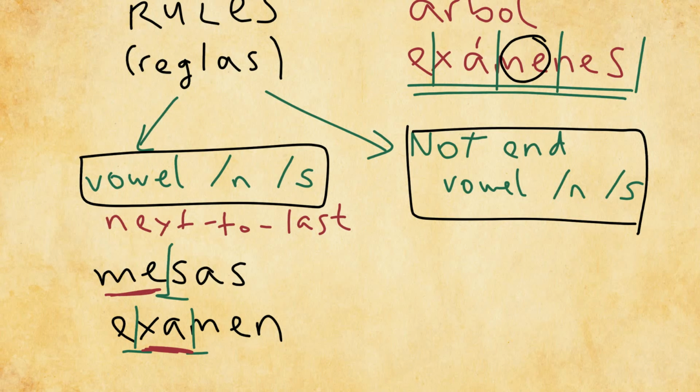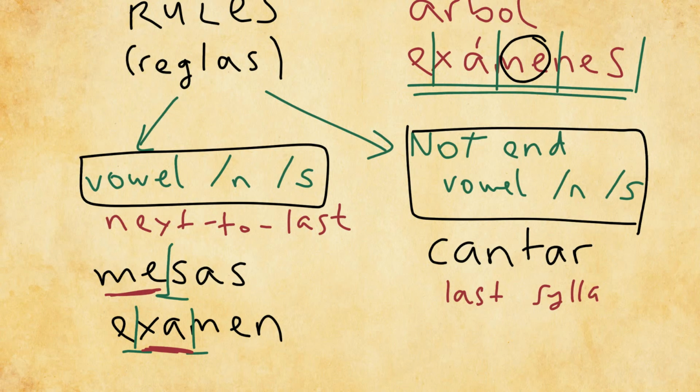For example, the word cantar, which is a verb and it means to sing. Cantar. We see it has no tilde. That means it follows rules. We see that it ends with an R, which is not a vowel, not an N, and not an S. Therefore, it will follow this rule, which says you stress the last syllable.